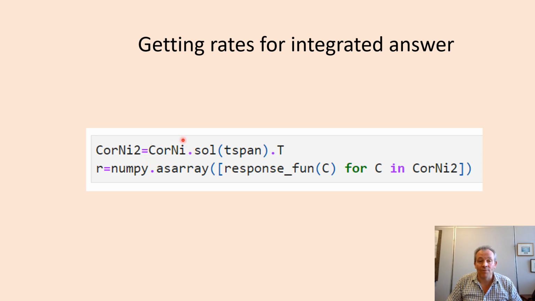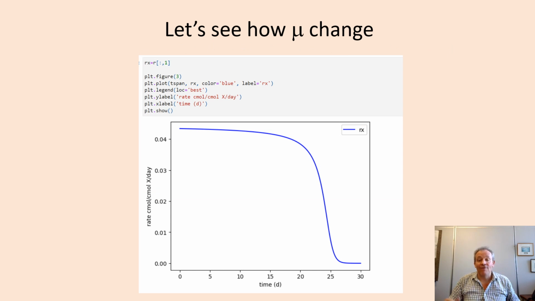Accordingly, that would be the answer from the integration, and we pass that answer to the response function just in order to know what the rates are at different times in that batch reaction. Okay, so that's very useful. For example, over here, you can see I'm extracting from the rates now the biomass rates, and you can see what happened in this fermentation.